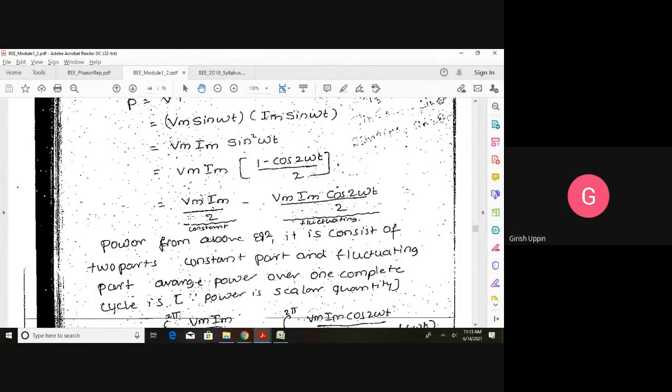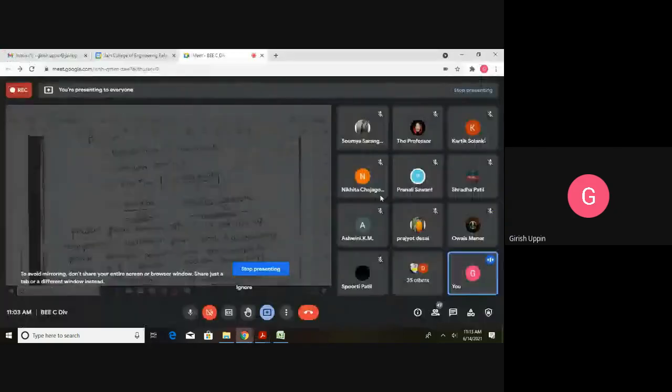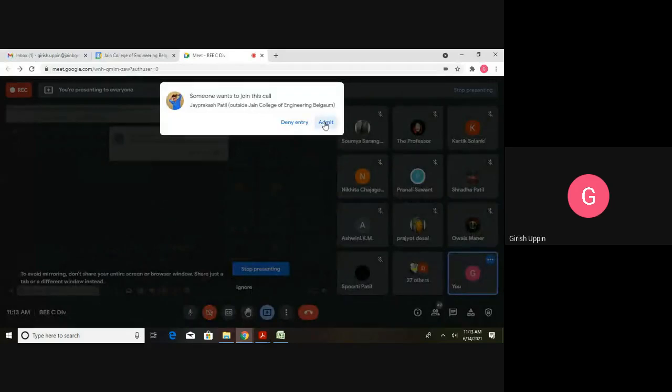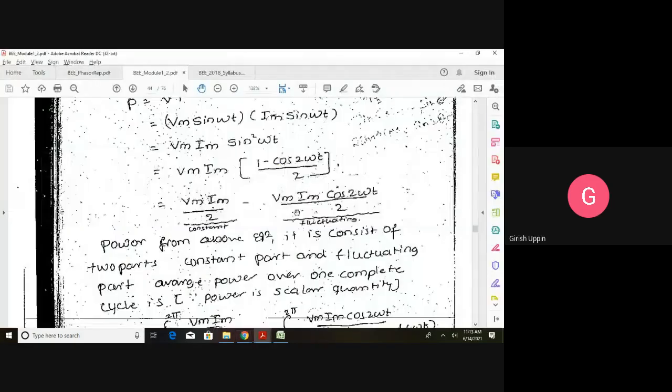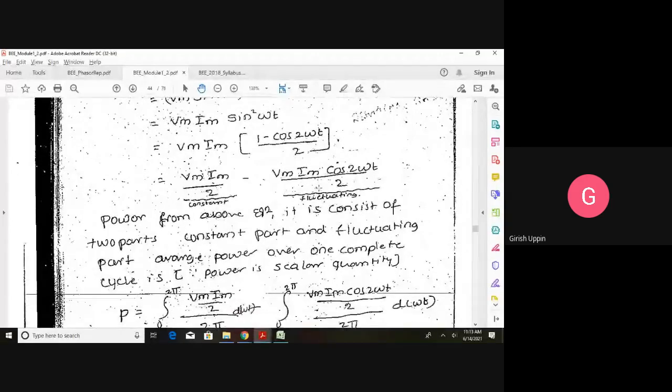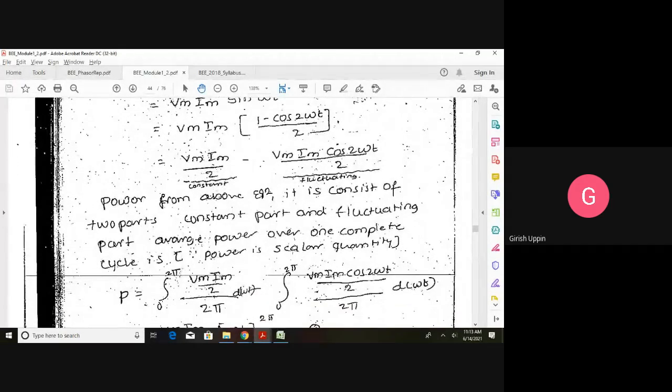So there is a certain part of the power consumed which is constant, and one part which is fluctuating. This is fluctuating power because as per the time, as per the omega t, the power consumed will keep on changing. So the power consists of two parts, a constant part and a fluctuating part.